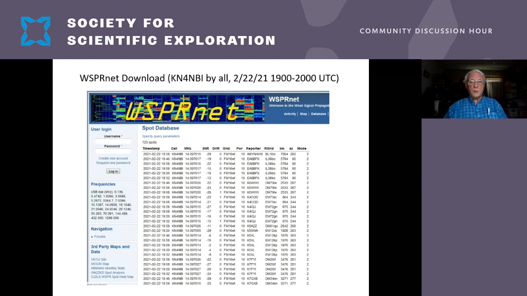EA8BFK in the Canary Islands heard me a bunch of times. K4COD in Alabama heard me. K5XL in Texas heard me. It also shows the signal strength, the distance, the azimuth. You can pull a lot of information out of this. And this is just a piece of it; in that particular hour, there were 123 spots of my signal.